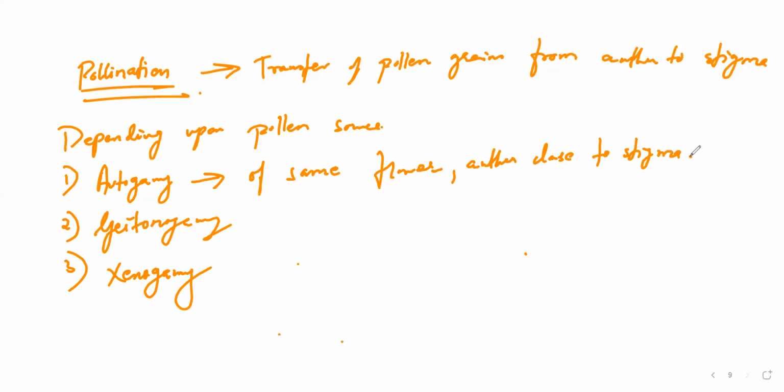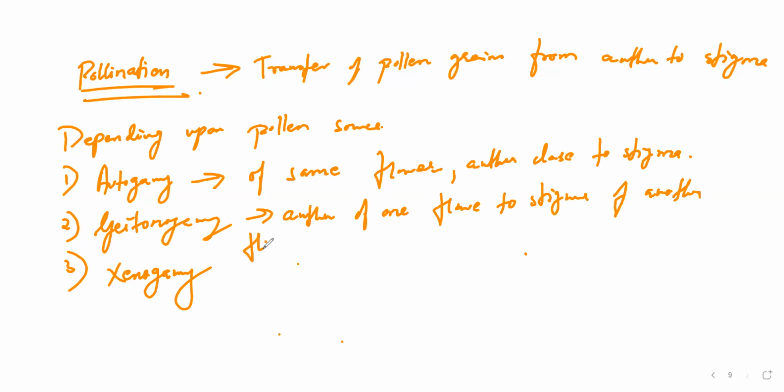Geitonogamy: in this, also, the transfer of pollen grains is from anther to stigma only, but from the anther of one flower to the stigma of another flower, in the same plant.